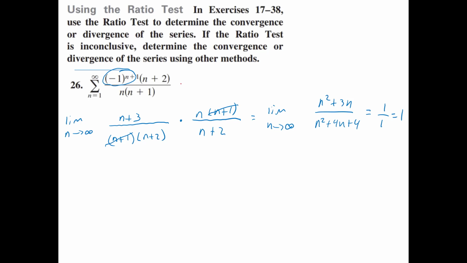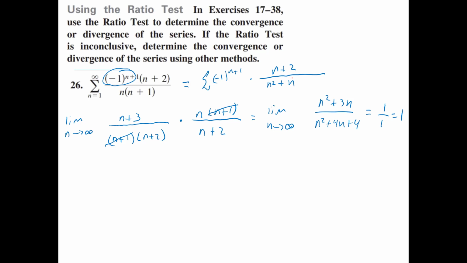So again, if we multiply this out, then this becomes negative 1 to the n plus 1 times n plus 2 over n squared plus n.